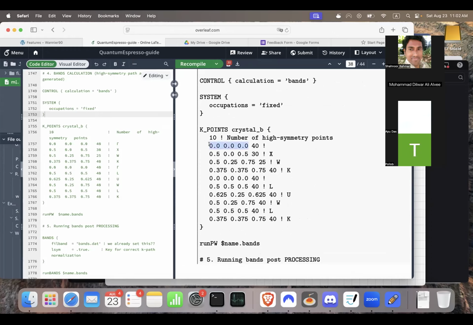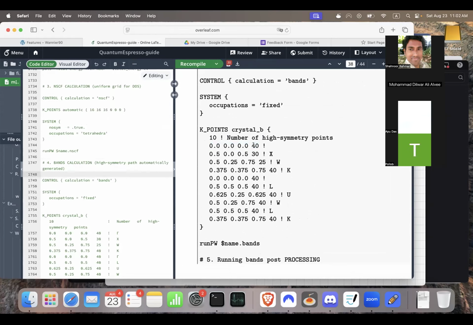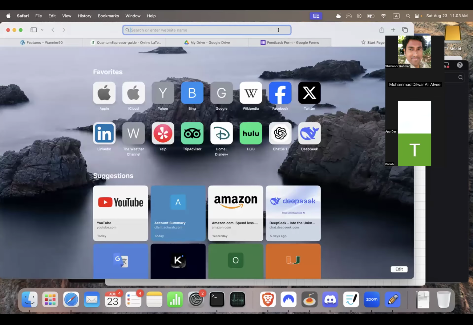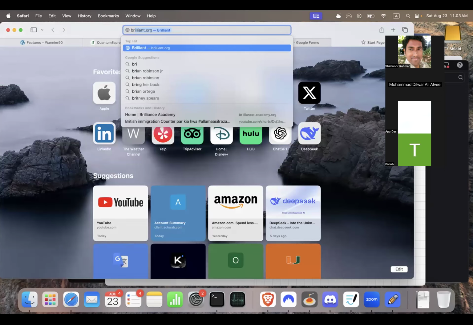So this is the gamma point 0 0 0. We want 40 of these points from 0 0 0 to 0.5 0 0.5, and that's our X point. In a particular kind of unit cell, there is a standard definition of the X, Y, gamma, W, K points.